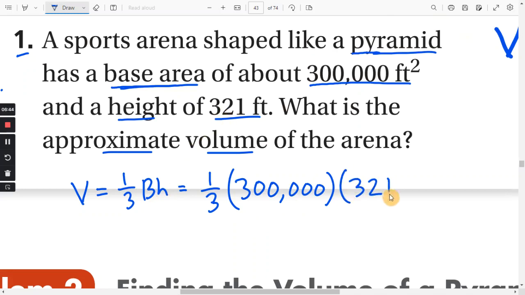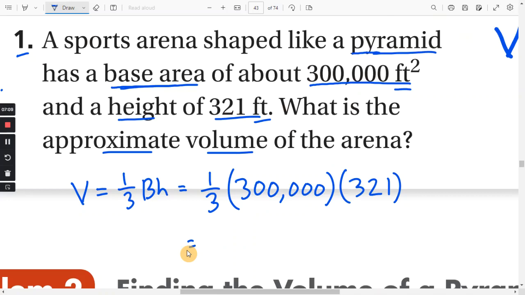Now, when you do this, you have to make sure the units match. We have feet squared and feet, so we're good there. Once again, you can do the fraction, or you can multiply these and then divide by 3 at the end. So I'll do it that way. 300,000 times 321 divided by 3.